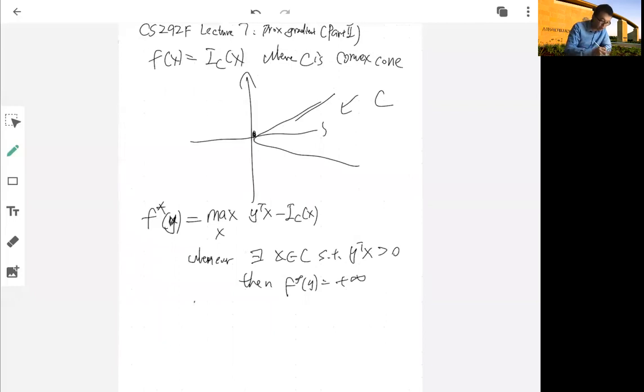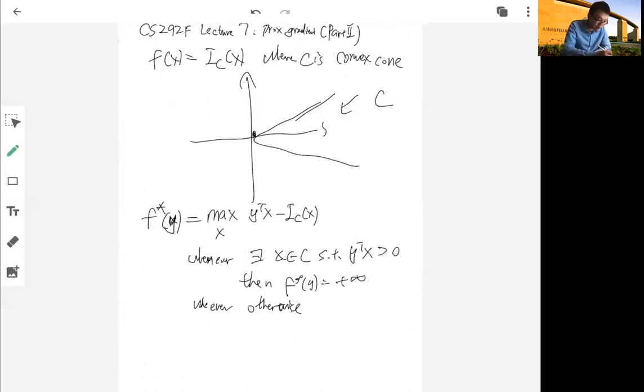Okay, and what is the complement set of that? Otherwise, this is saying that for all points in this convex cone, the inner product with the direction pointed by this vector y gives an angle larger than 90 degrees.